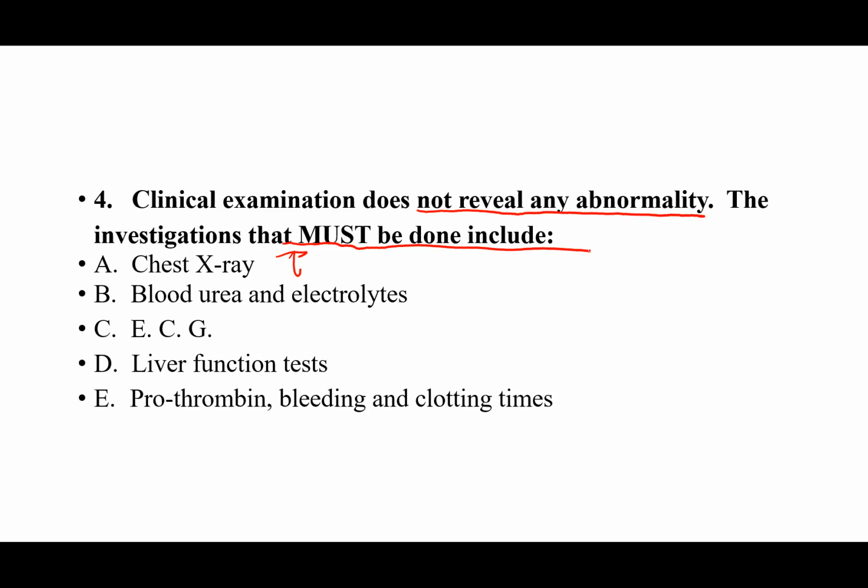Blood urea and electrolytes is part of the minimum investigation that should be done before surgery, and it also gives us an idea about the state of the patient's kidney function. I don't agree it's part of the minimum. The minimal that gives kidney function is urinalysis.